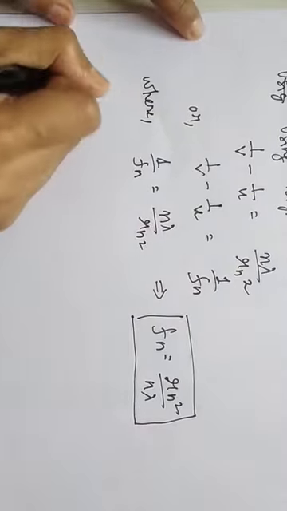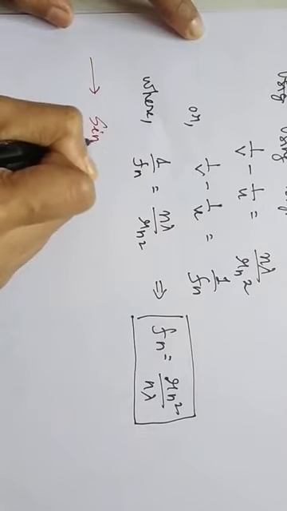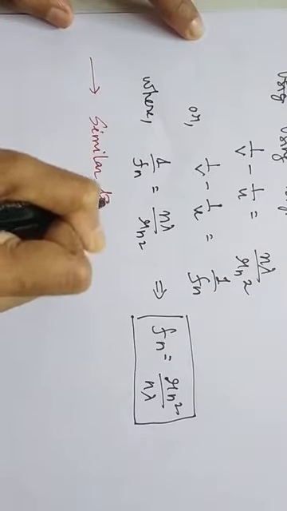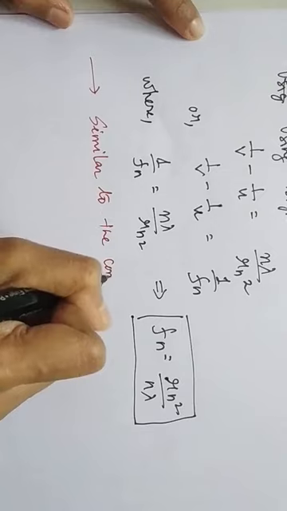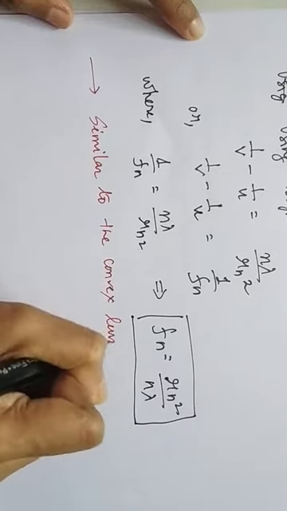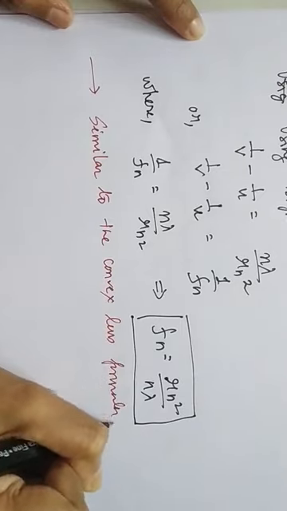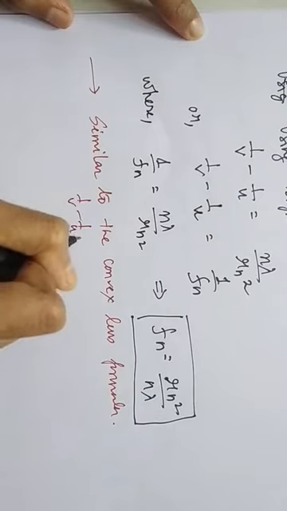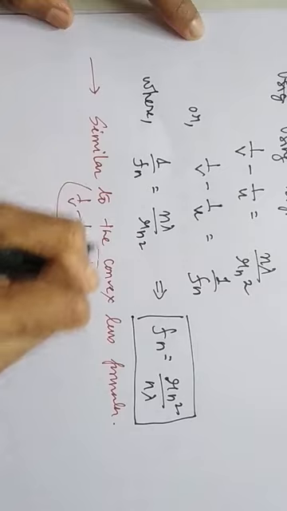It is similar to the convex lens formula of 1 by v minus 1 by u equals 1 by f.